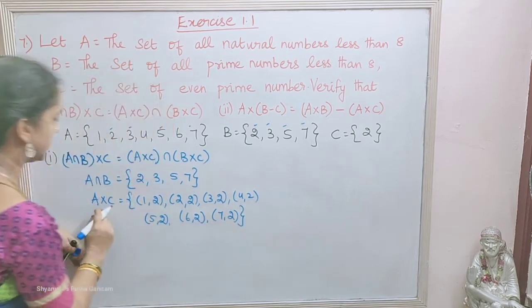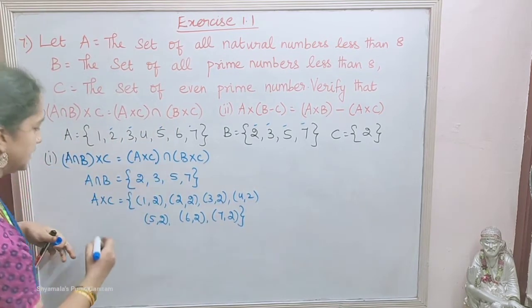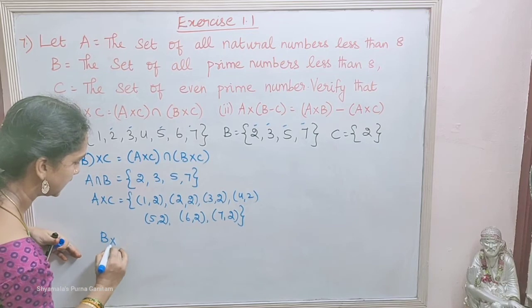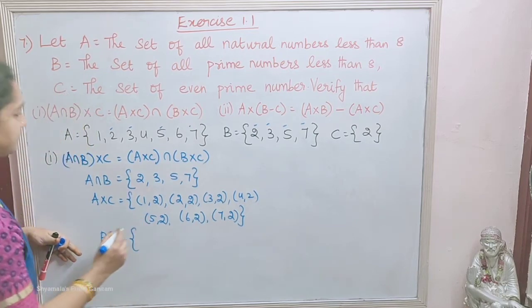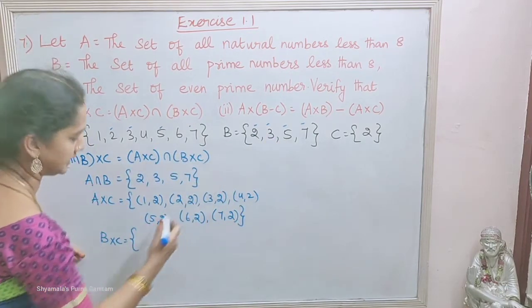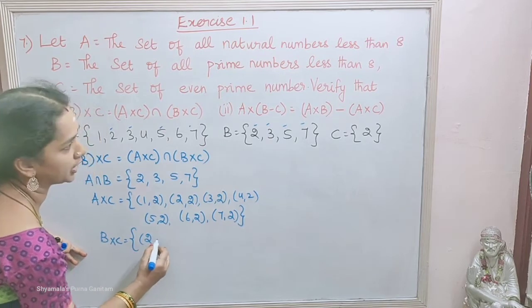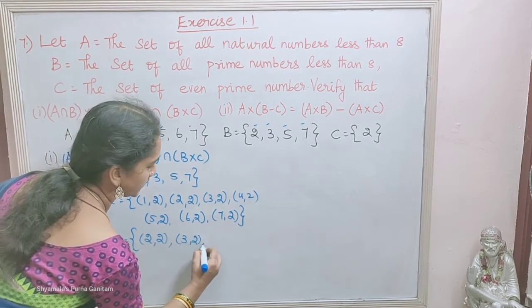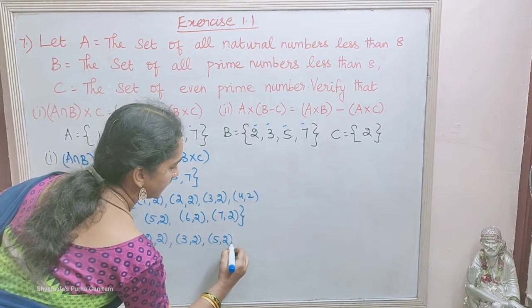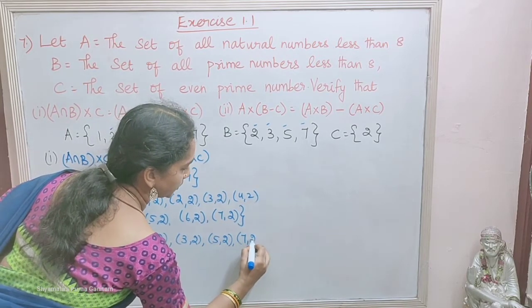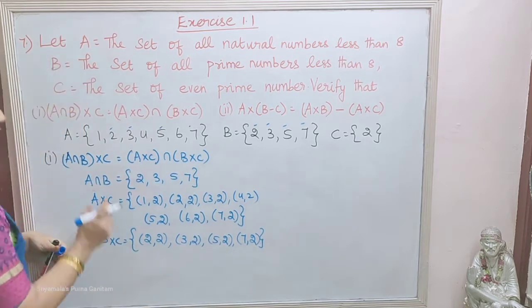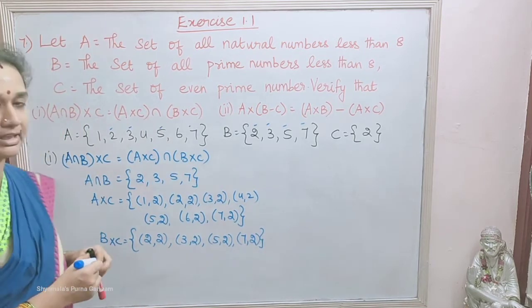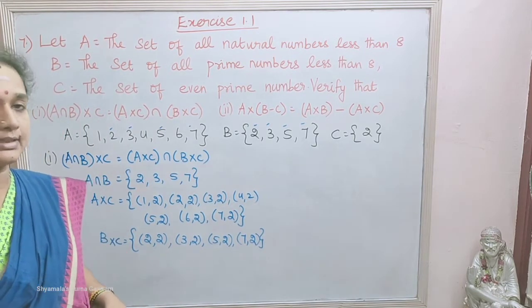So this is A cross C. Then B cross C, that is B and C. The Cartesian product is (2, 2), (3, 2), (5, 2) and (7, 2). So we got all the necessary elements of the sets.